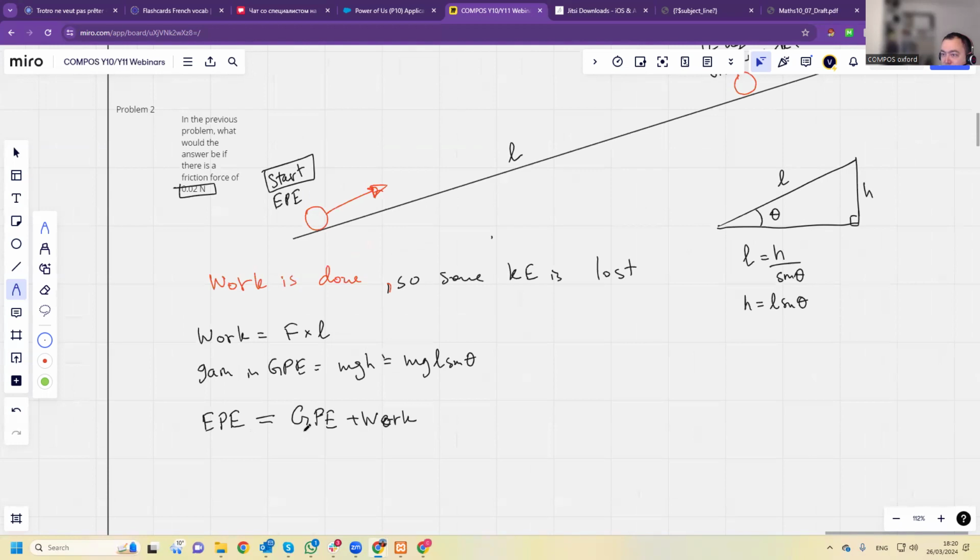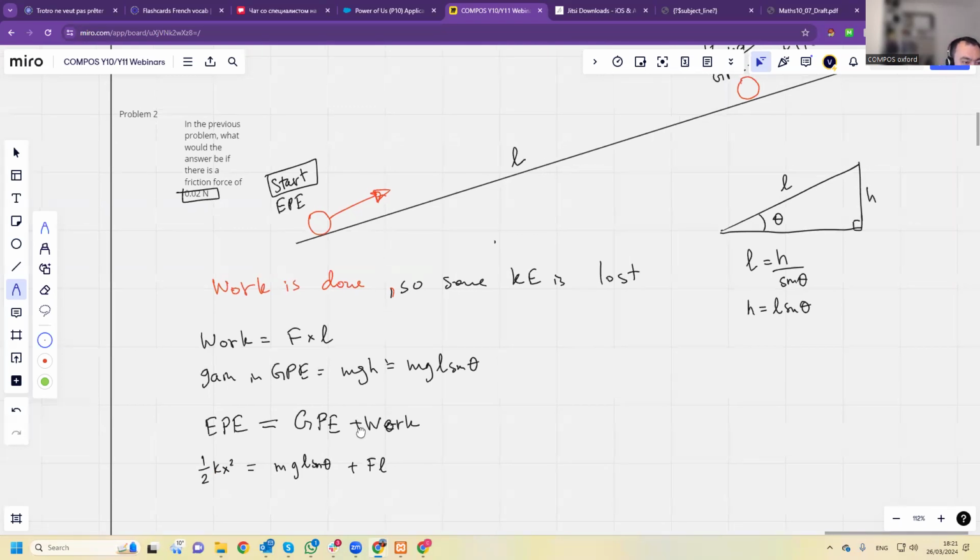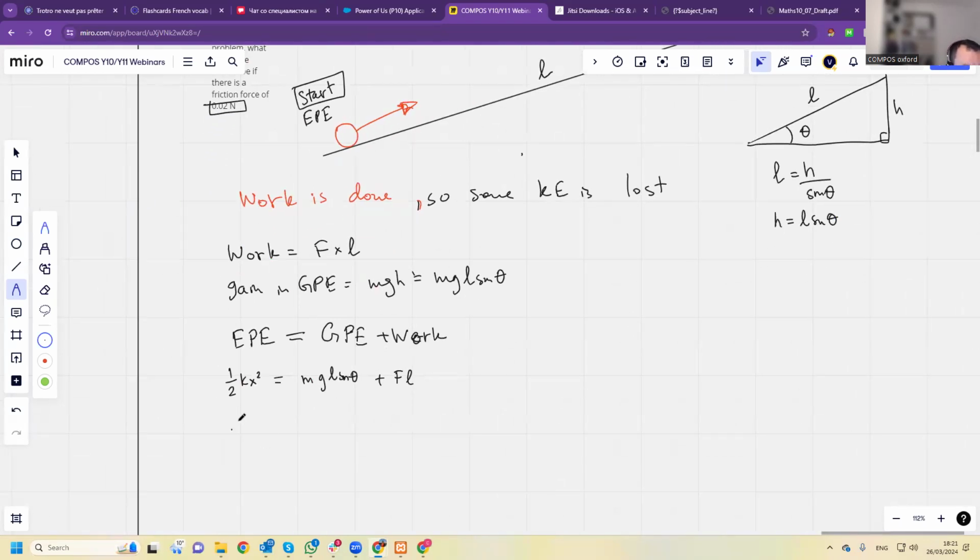Makes sense, Mark? Okay. So elastic potential energy is 1/2 kx squared equals mgL sine theta, as we worked out, plus the work done, which is force times L. So we can work out L from here.